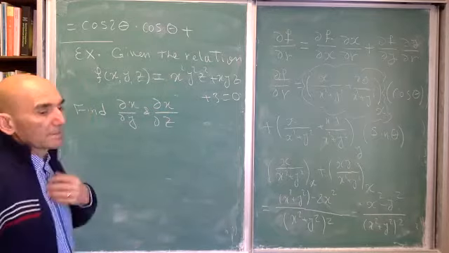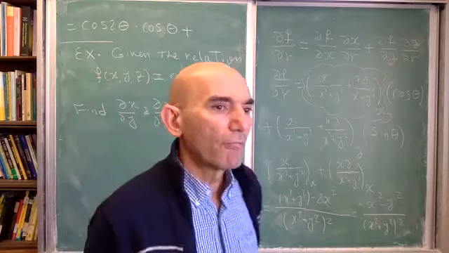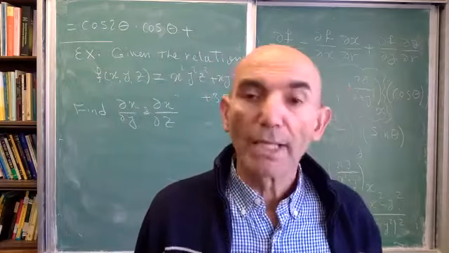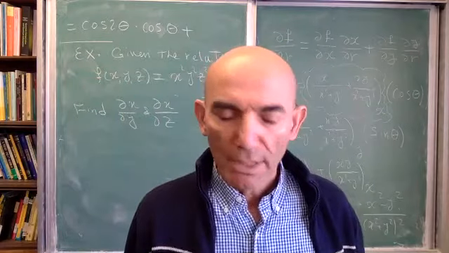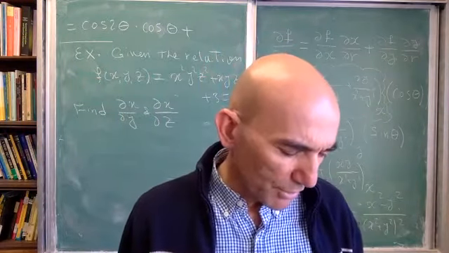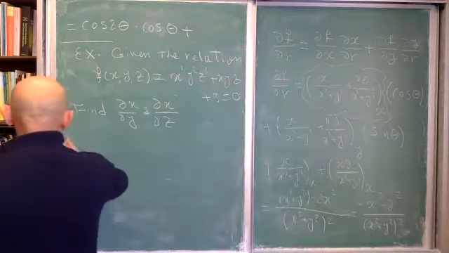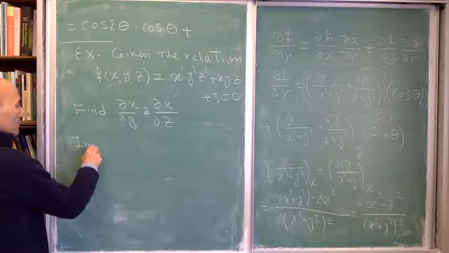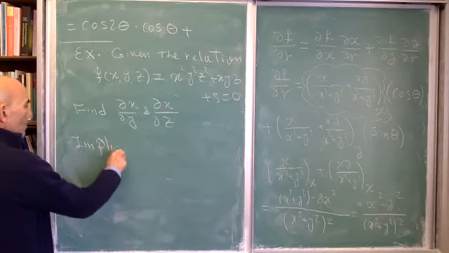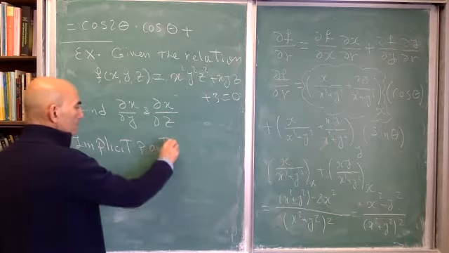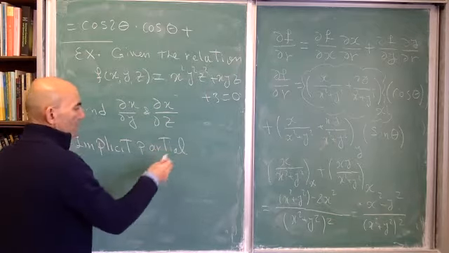So this is the issue of finding partial derivatives by an implicit calculation, right? So we are computing this partial derivative in an implicit way. So this is implicit partial differentiation, for example.